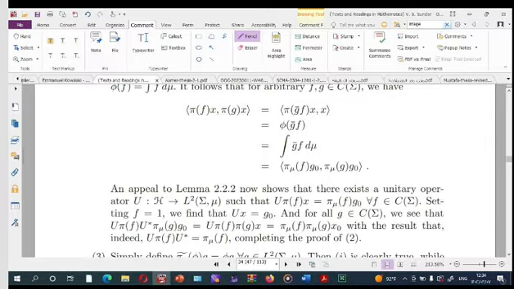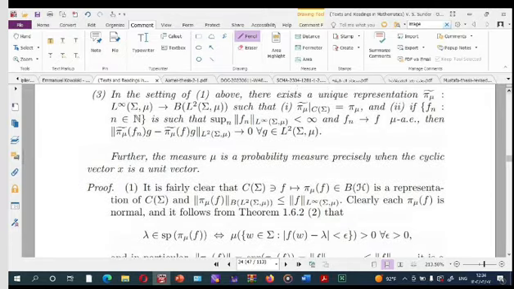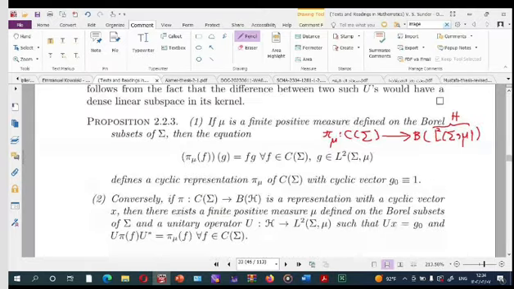For example, it is fairly clear that this function is a representation, and we have this inequality. We can check all of this because, for example, by this function rho, okay, let me write P mu of f.